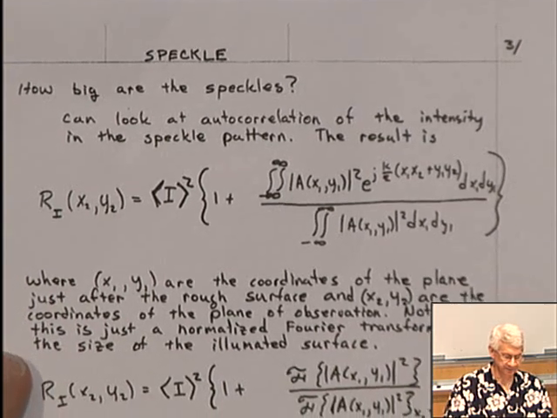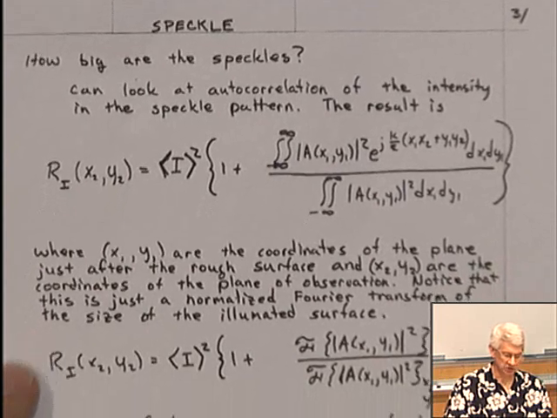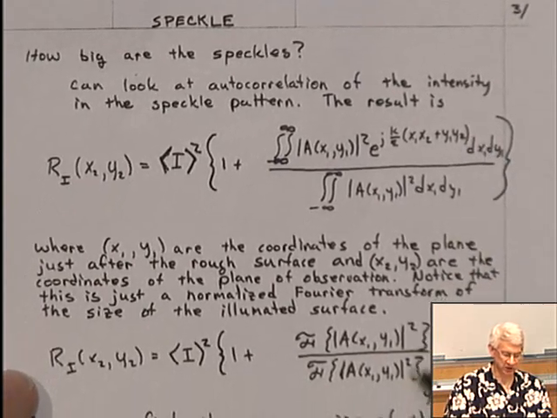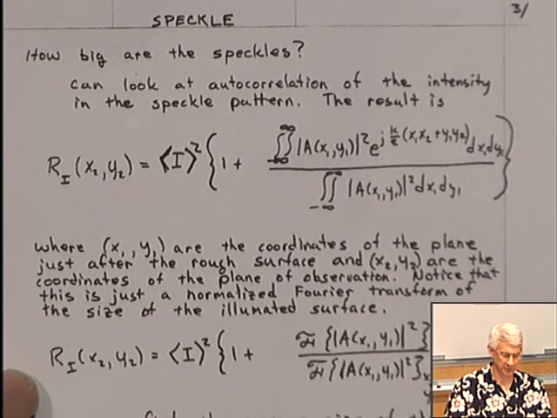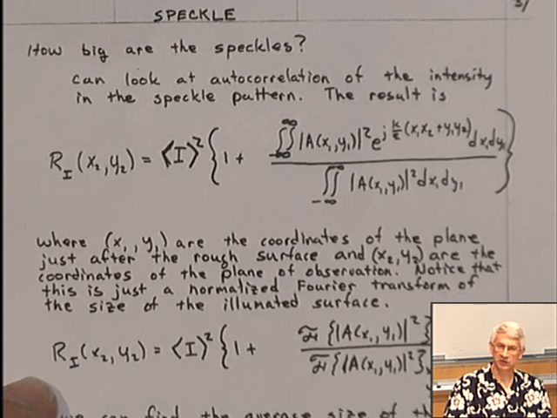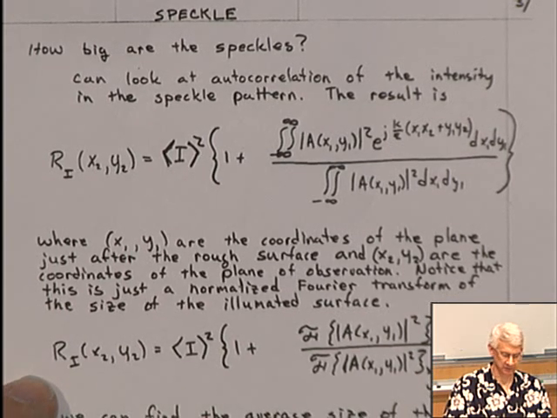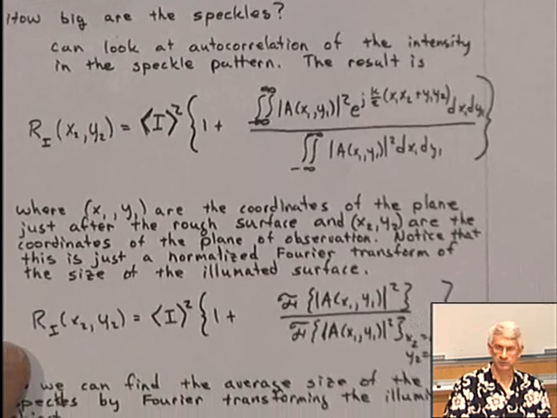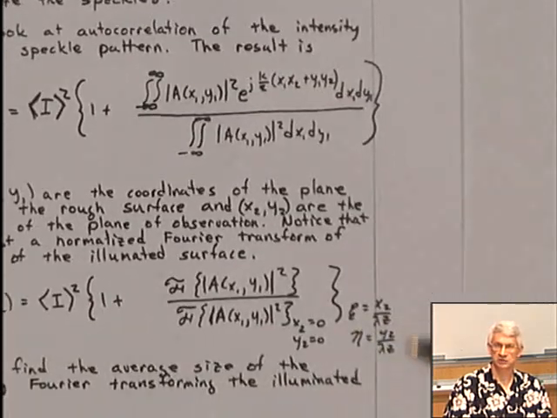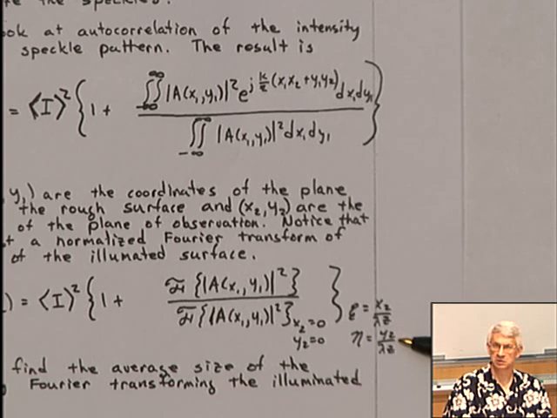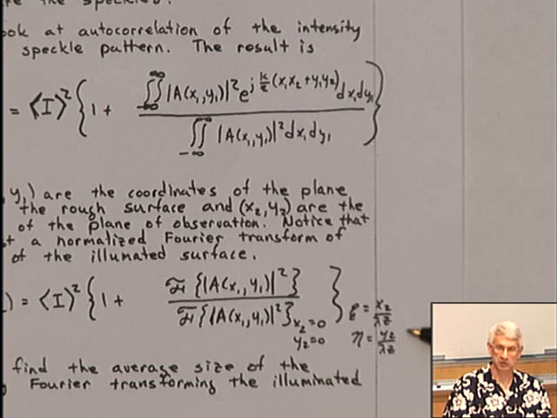So that's just the normalized Fourier transform of the size of the illuminated surface, where the transform variables are just like we studied in Chapter 5, the Fraunhofer transform variables, x over lambda z, where x is the observation plane. So it varies as z.